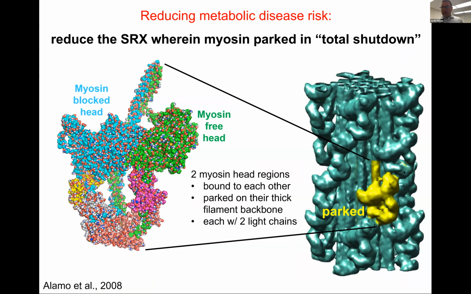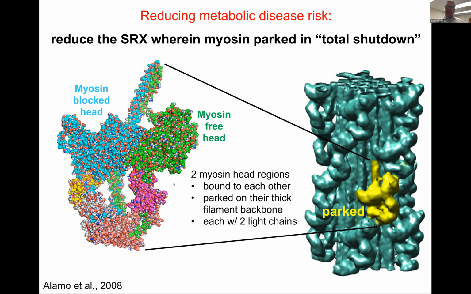So here's a structure of the thick filament, whose backbone is made by the tails of the myosin molecules themselves. And you can see this helical array around that thick filament backbone of pairs of myosin heads binding to each other and back up against their own thick filament backbone, parked in full shutdown. 2 of those myosin heads with their necks coming off of those heads are shown here in yellow.